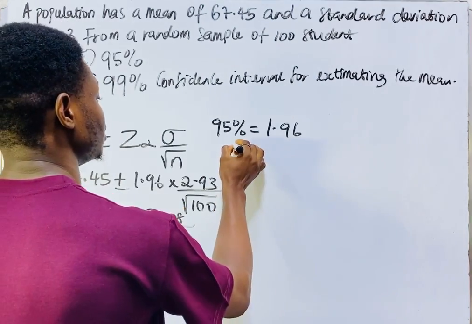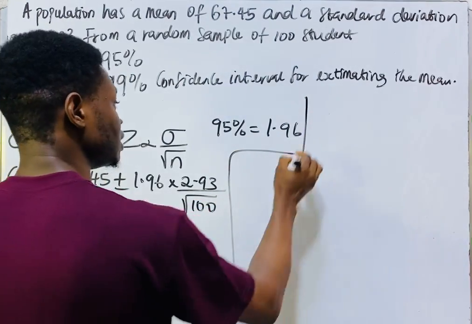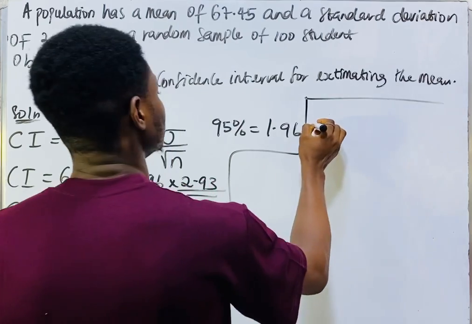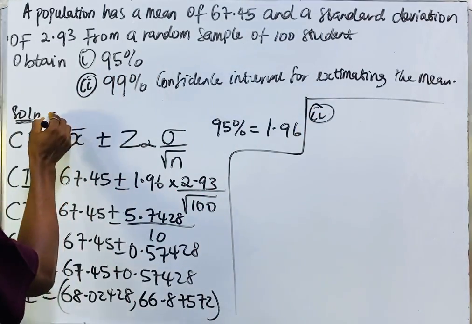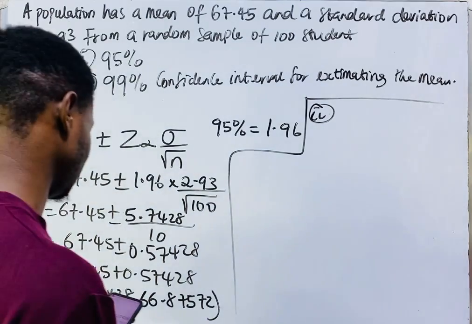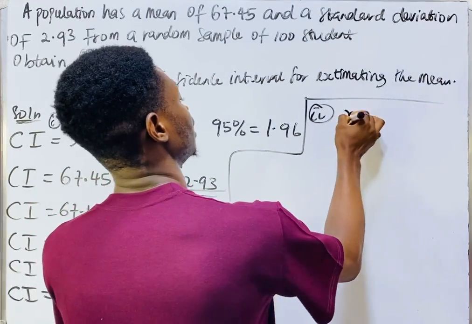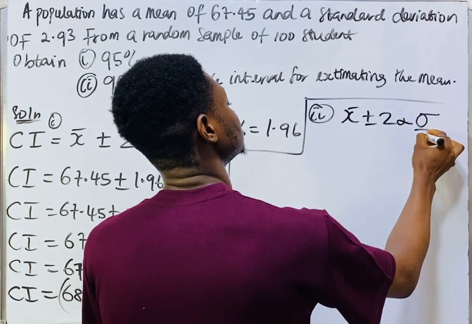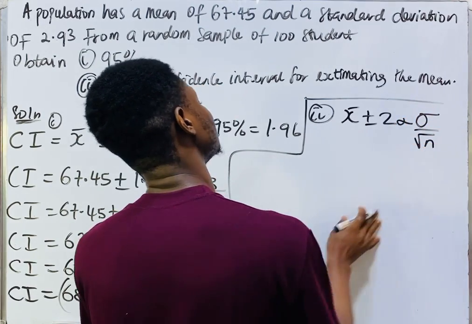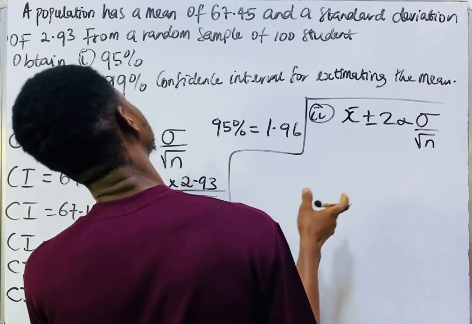So this is for 95%. Now let's solve for 99%. For 99%, we're going to have x bar plus or minus z alpha times the standard deviation over the square root of the sample size, right?